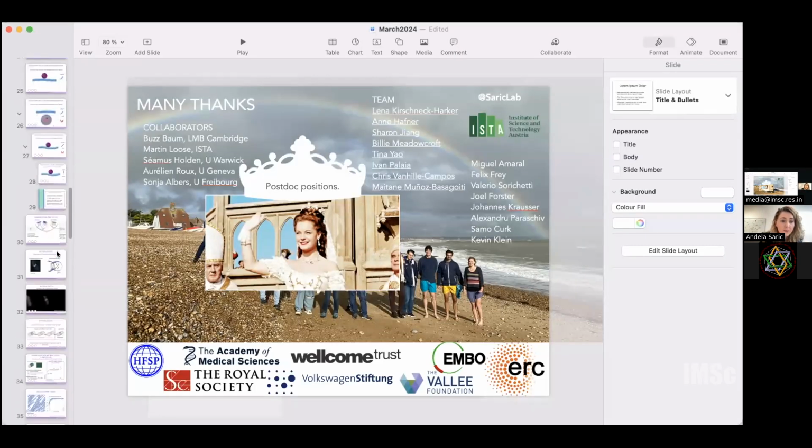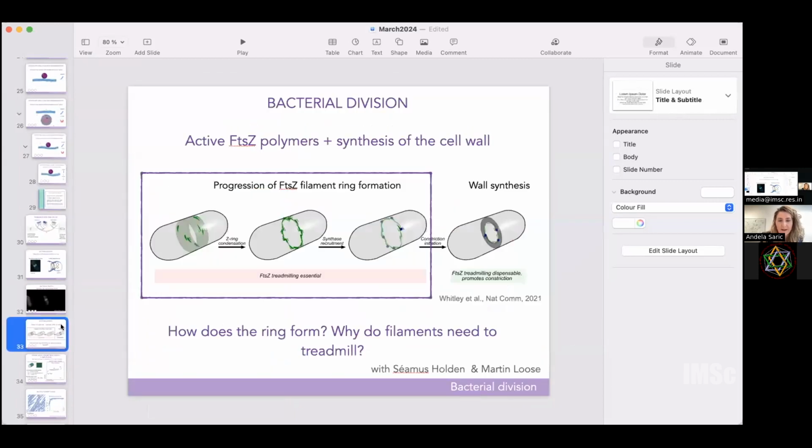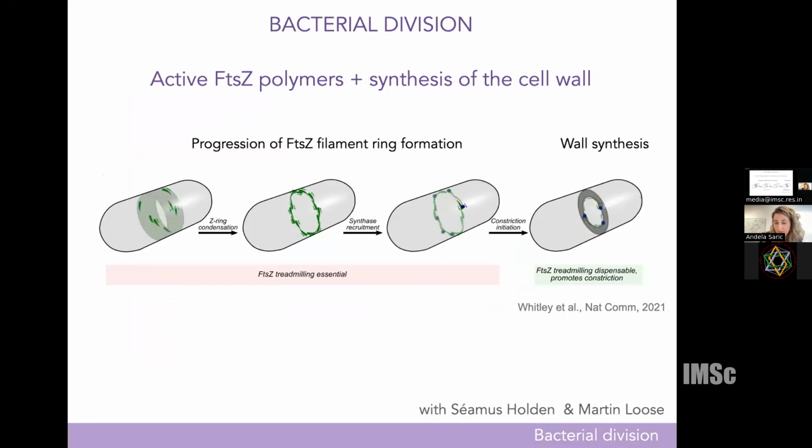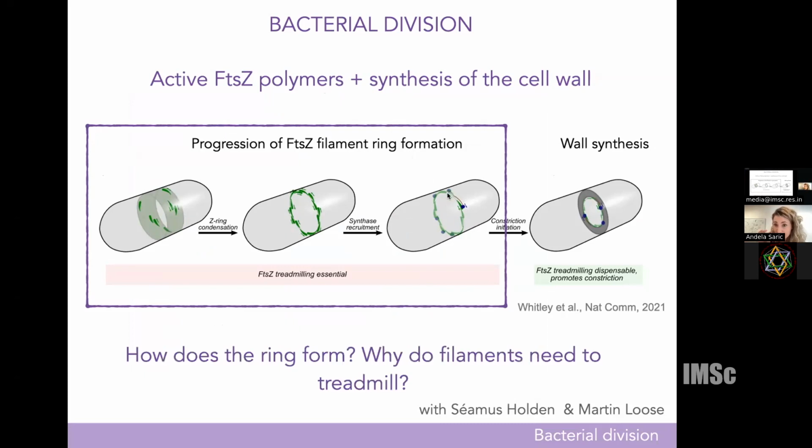So in FtsZ, yes, exactly. They treadmill, as you said, add a monomer and remove a monomer. But it's unclear, or there is no strong evidence, that this produces any force. But we do know that bacterial cells have a cell wall, this kind of strong polymer shell, and we do know that cell wall synthesis occurs at this point.